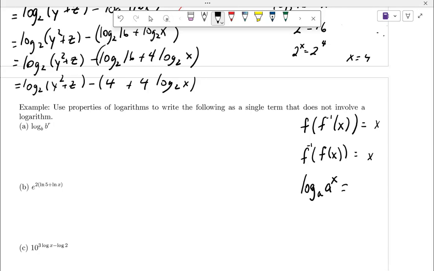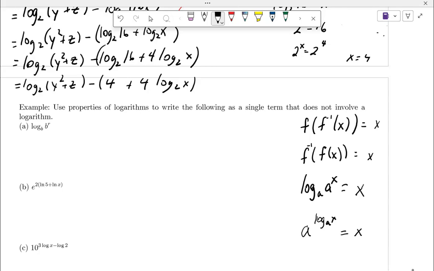Log base a of something is one function. These are inverses of each other, so they undo each other. So I should end up back at x. And vice versa. If you do a to the log base a of x, I should end up back at x again. Right? They undo each other.